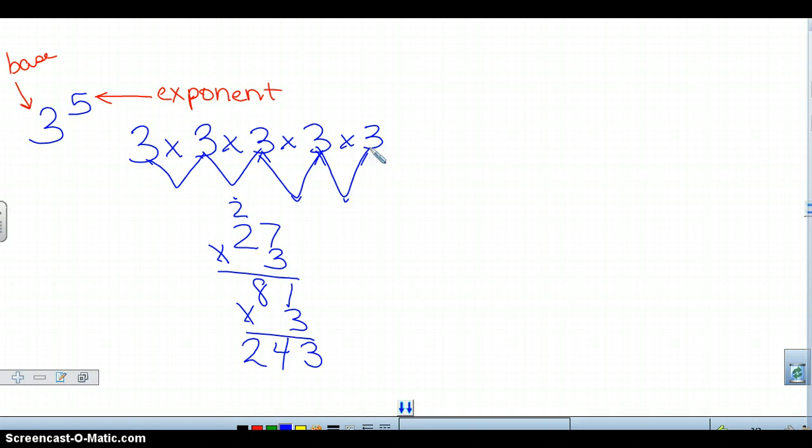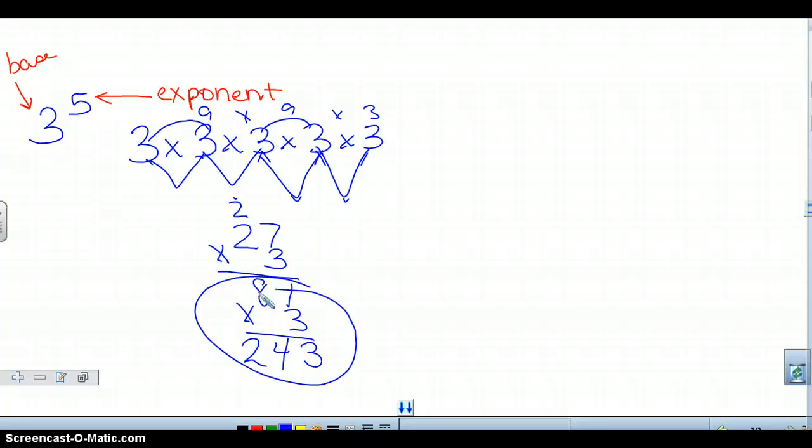Okay? But then Kyle's saying, well, does that mean we can say 3 times 3 is 9, and 3 times 3 is 9? Sure. We get the same answer, okay? So you can do that if it makes it easier for yourself when you have to find the standard form, the exact answer.